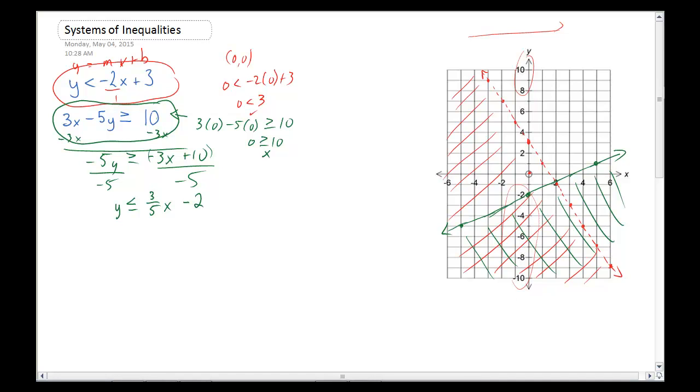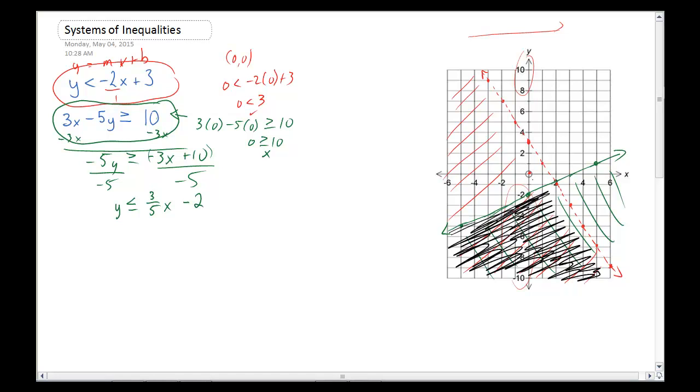All of those are my answers, because any point in that region will work in both of those situations. And so I'm actually going to do this a little bit darker so that I show that I understand that everything in here is an answer. Now note that anything on the red line will not be an answer, but anything on the green line will be, as well as anything within this dark boundary.